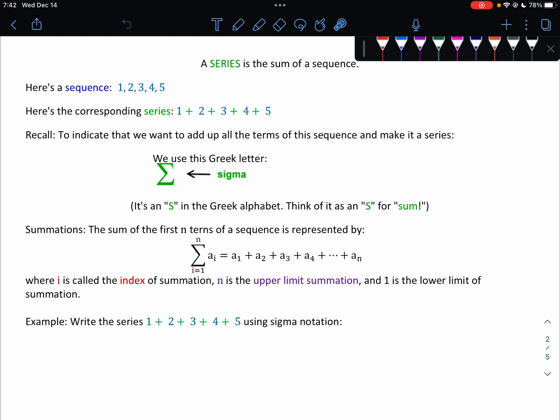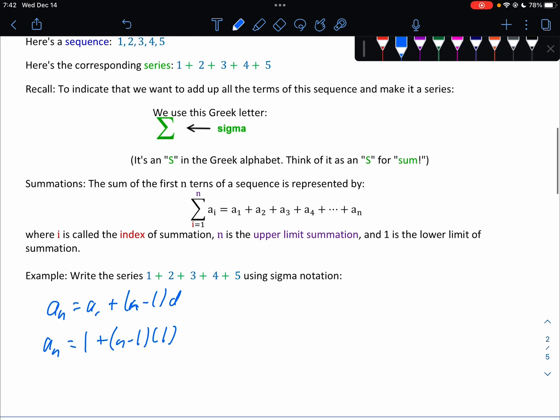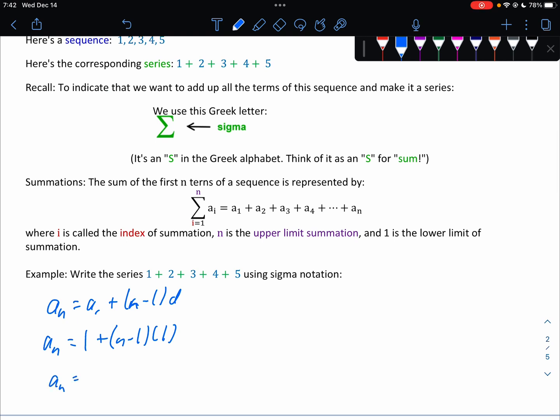So to summarize, let's write this in sigma notation. We can do this 2 different ways, but we're going to write this in arithmetic form. So a sub n equals a sub 1 plus n minus 1 times d. So a sub n equals 1 plus n minus 1 times 1. A sub n equals 1 plus n minus 1, or just n.